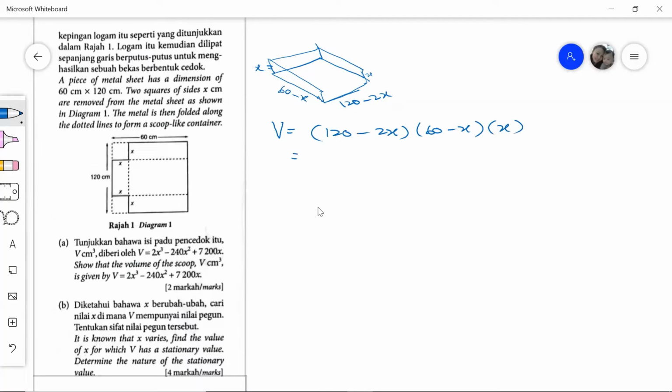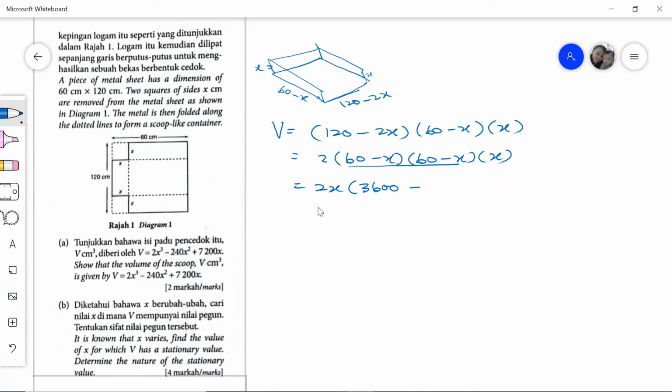Let's simplify 120 minus 2x by factorizing the 2 out. So we have 60 minus x. Isn't it the same as the 60 minus x here? So we will have 2x. This one, we expand.